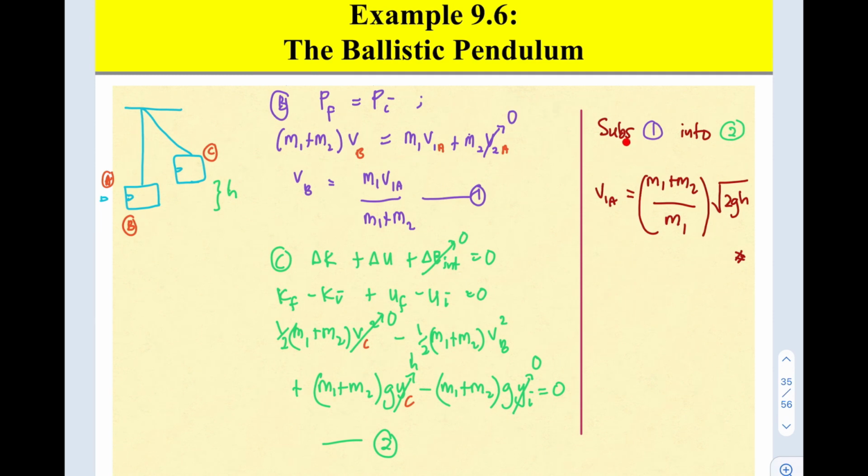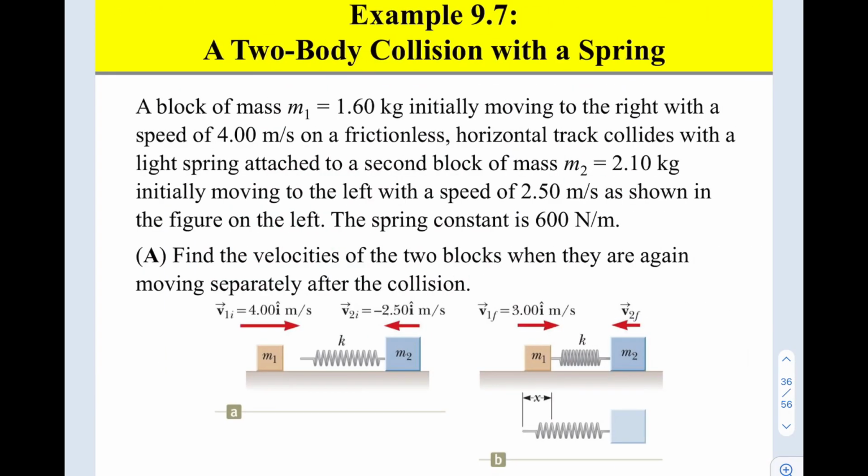You have to substitute VB from equation 1 into equation 2 and simplify the formula. You will figure out V1A is equivalent to this. That is how to answer the ballistic pendulum case.